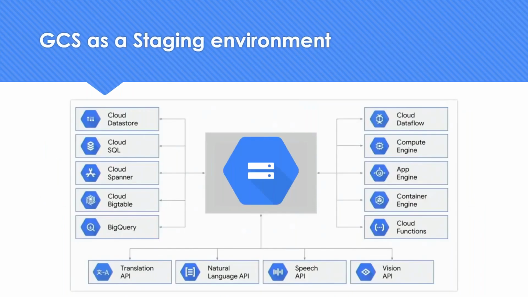The key takeaway which you should take from this module is Google Cloud Storage is going to act as a staging environment for many of your things. So already we saw App Engine. Going forward, we are going to see some other things like some databases, some ETL tools, all those things.